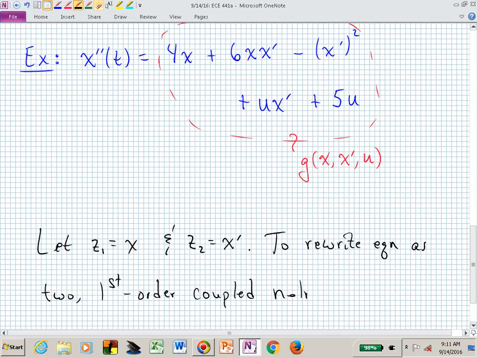We're doing that to put this into a state space form, but it will be a nonlinear state space form, until we linearize.